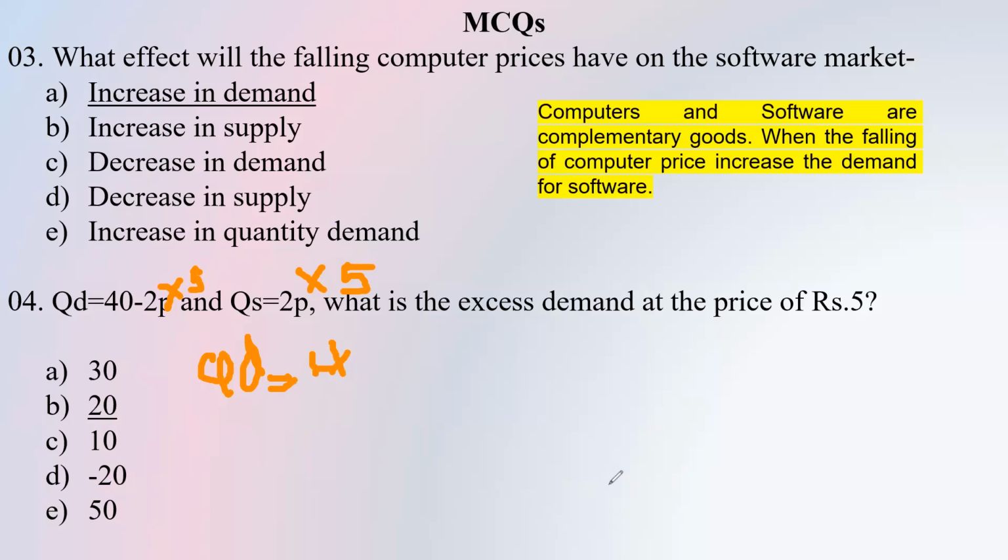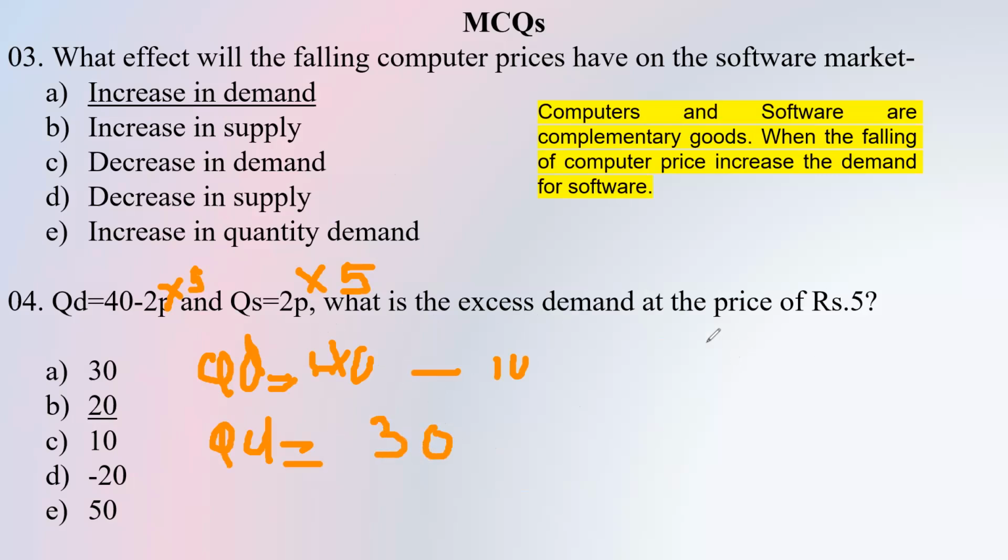For good understanding, I already calculated the equilibrium also, because we already did only one question. So then 5 into 2 means 10. එතකොට QD demand is equals to 30. Right?